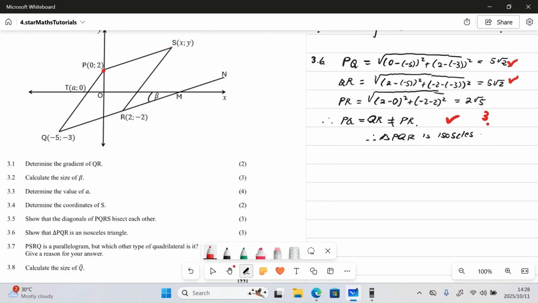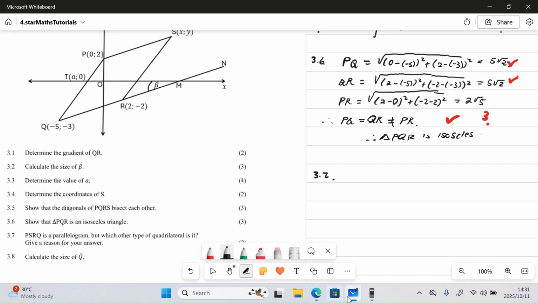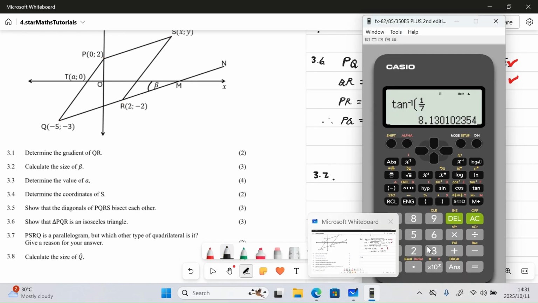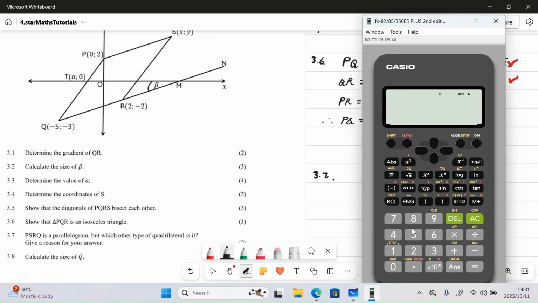PQRS is a parallelogram, but which other type of quadrilateral is it? Give a reason for your answer. So let's check from the calculator so that we can make a conclusion.